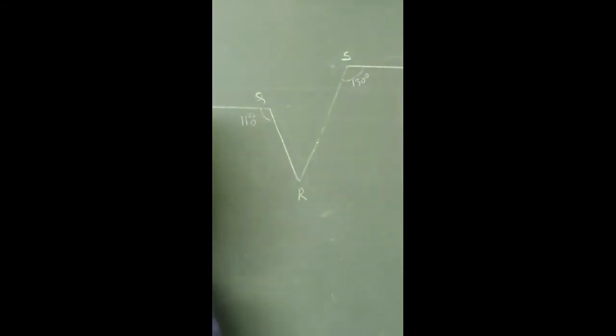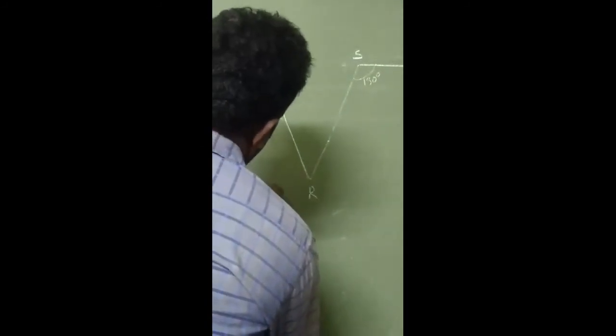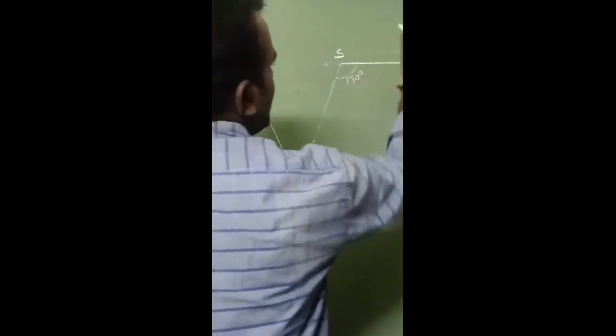Draw a line parallel to ST through R. This is one line, and this line is parallel to ST.